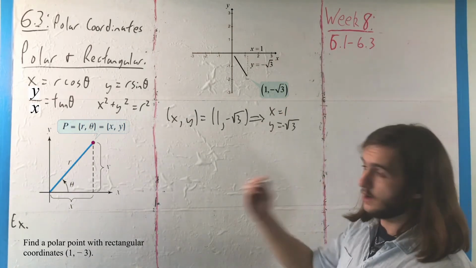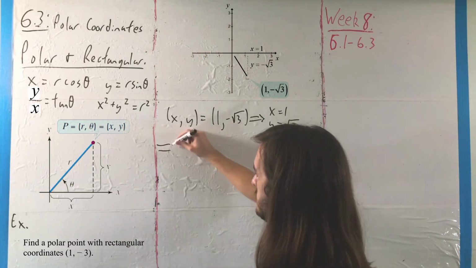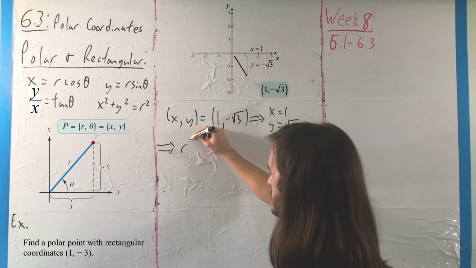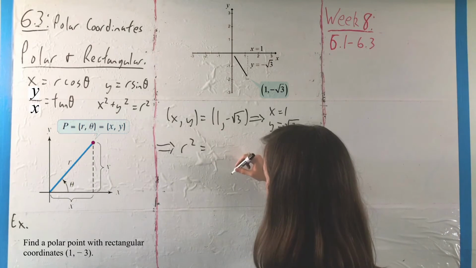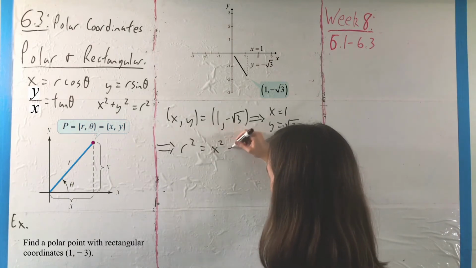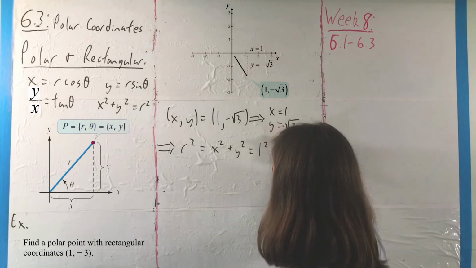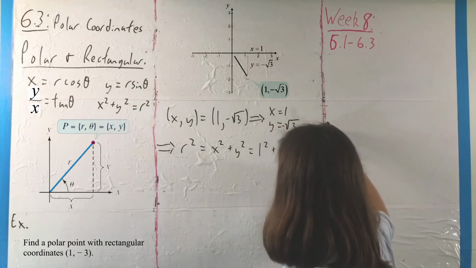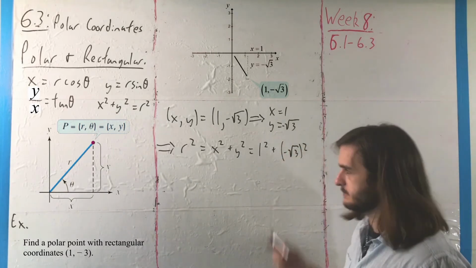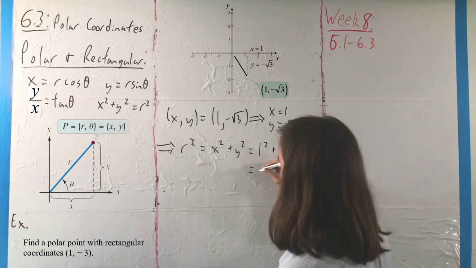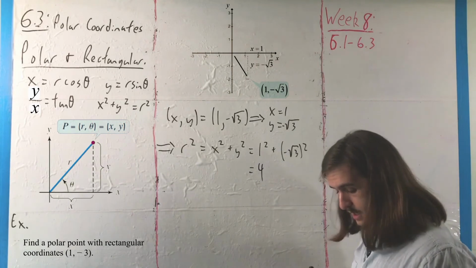If we want to get r, we have our distance relationship, r squared equals x squared plus y squared, which here is 1 squared plus -√3 squared. It's a bit long-winded, but we get 1 plus 3, or 4.